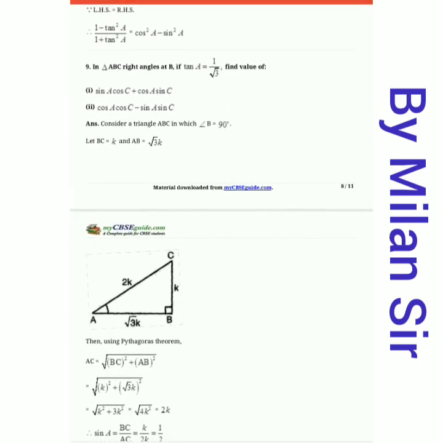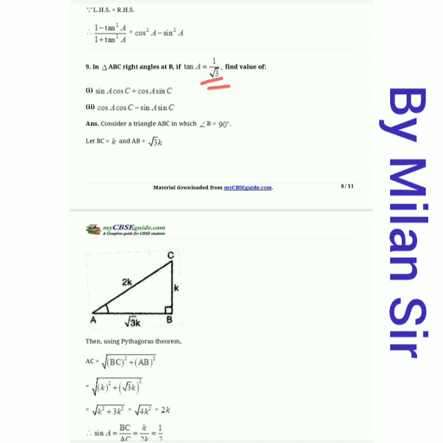We know that tan A is equal to 1 upon root 3. Now for which value of angle A do you get 1 upon root 3 as tan theta? We learned about one table, right?